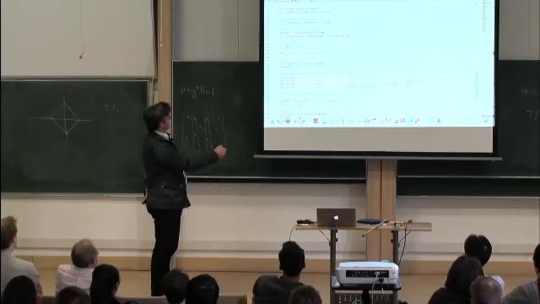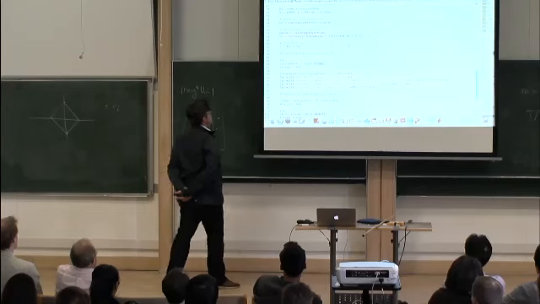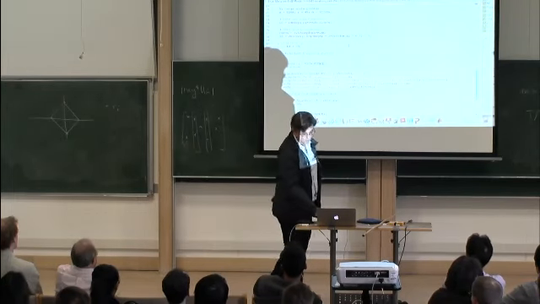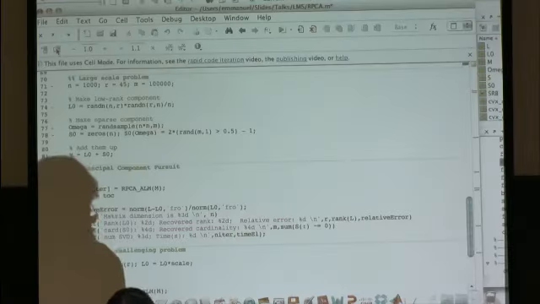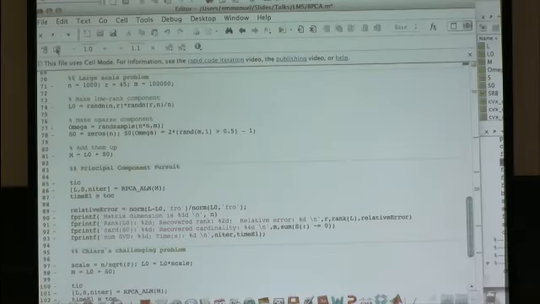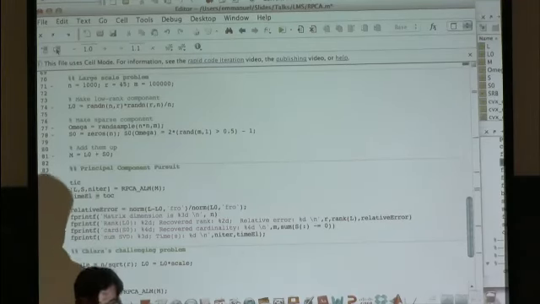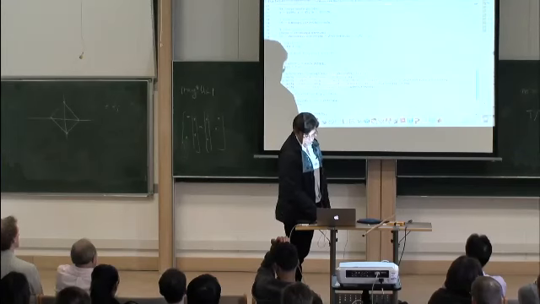I'm going to mess up 100,000 entries, so I need to solve a problem with 1 million unknowns and 100,000 corruptions. And so it's generated in exactly the same way.